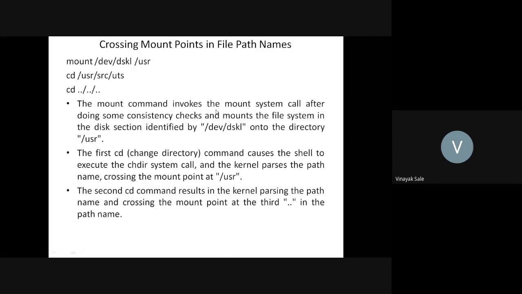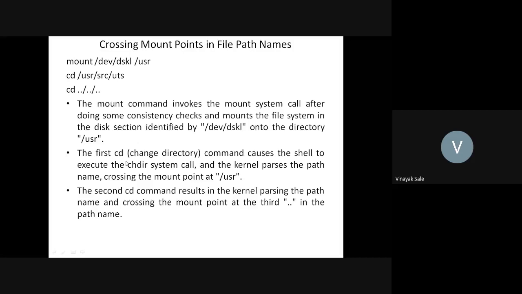The first line, the mount command, invokes the mount system call. After doing some consistency checks, it mounts the file system in the disk section identified by dev disk 1 onto the directory usr.